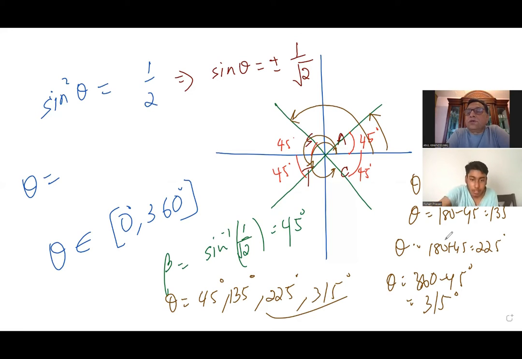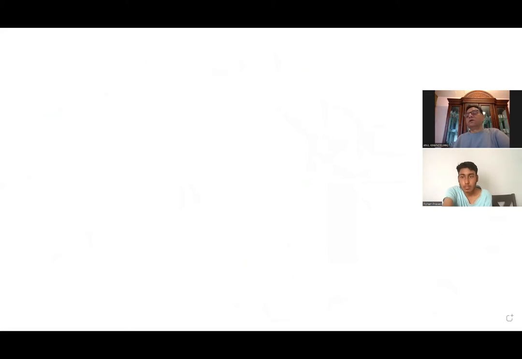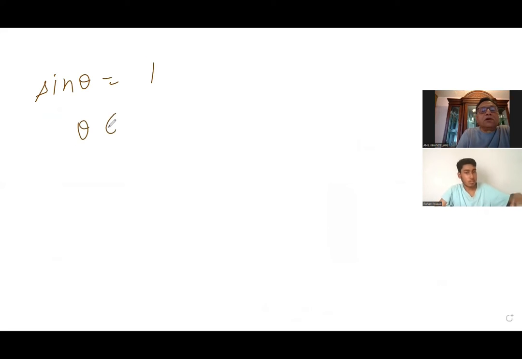So a trigonometric equation within the interval 0 to 360 degrees could have multiple solutions, right? Yes, sir. Sometimes no solutions, sometimes 1, 2, 3, 4, many solutions. So we had some examples which had 2 and 4. Now let me give you another. Sine theta equals 1, and theta belongs to this set, 0 degrees to 360 degrees.